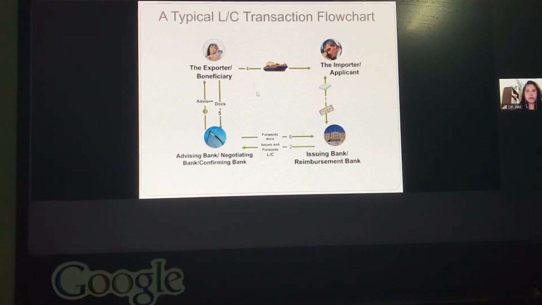Of course, based on the content of the LC, the exporter knows what kind of documents he presents to the bank. For example, like Ms. 24 said, maybe bill of lading, maybe insurance documents, maybe invoice. It is based on the content of the LC. Okay, what else?